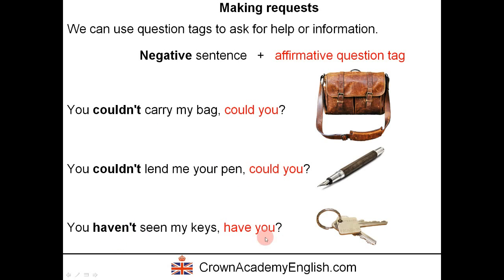Negative sentence followed by the affirmative question tag. And here, this is the present perfect, haven't seen, in the negative. So we can use question tags with this form to ask for help or information.